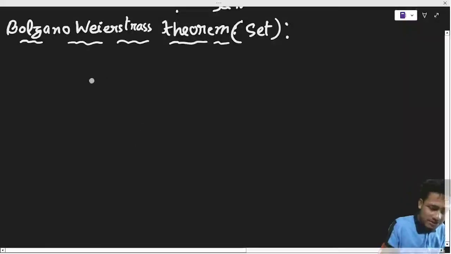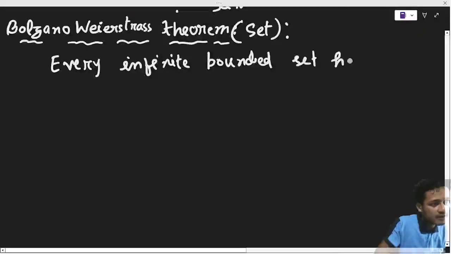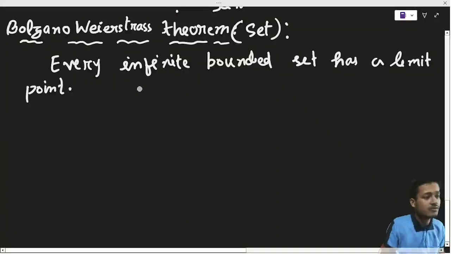Bolzano-Weierstrass theorem states that every infinite bounded set has a limit point.